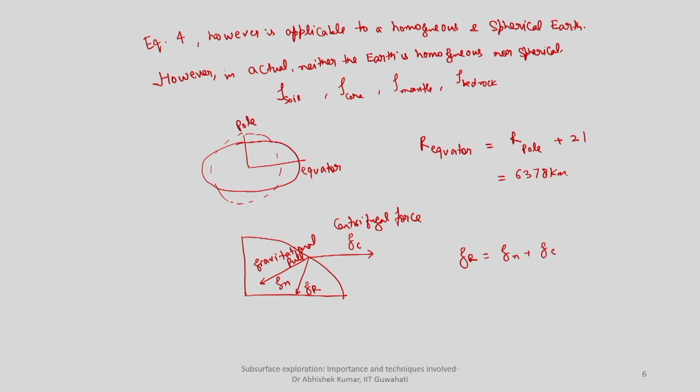So, the gravitational pull, because the radius is not constant, every time the gravitational pull direction will be perpendicular to the earth, but it will be changing throughout the earth's surface. So, the resultant will always be changing, which is our target for the present study area, for the present survey.